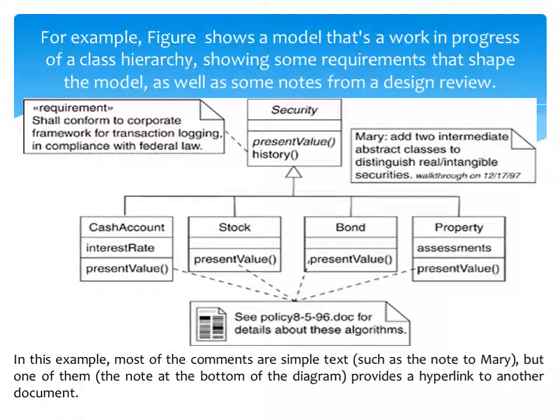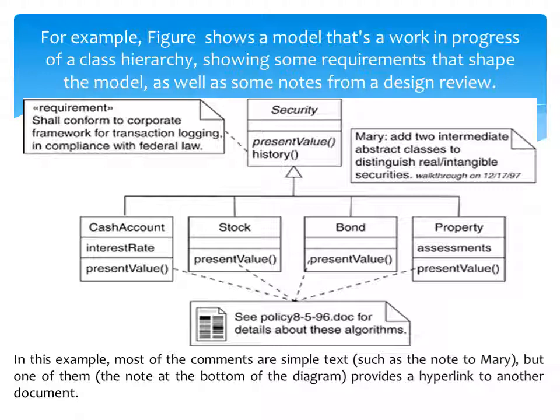For example, this figure shows a model that is a work in progress of a class hierarchy, showing some requirements that shape the model as well as some notes from a design review. On the extreme left, we have the requirements: shall conform to corporate framework for transaction logging in compliance with federal law.